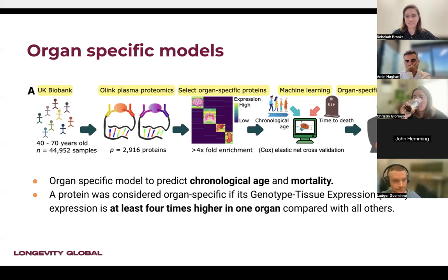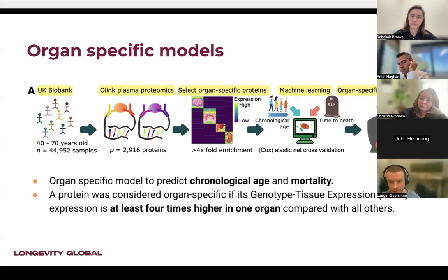And Luca, if you want to add anything specifically about how the organ-specific model is trained, it's actually a nice summary. So we picked this approach because this was what Tony Wyss-Coray had also done in a previous paper about organ-specific aging.